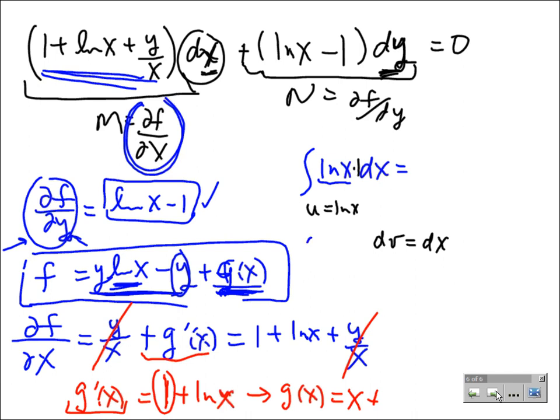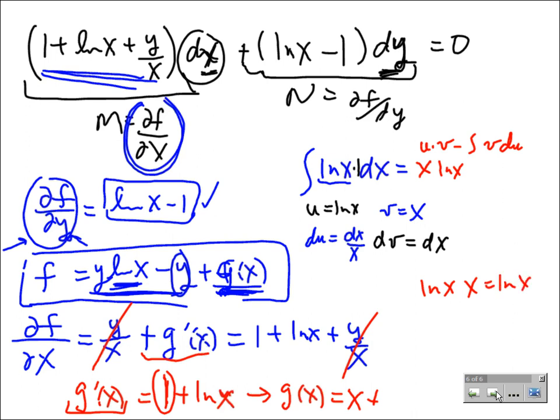Now, the differential of ln of x is dx over x. And if dv is dx, then v is x. And the formula is uv minus the integral of v du. Now u times v, which is the same as v times u, there's v times u. If you write u times v, some people might think of that as ln of x squared, as opposed to just ln of x times x.